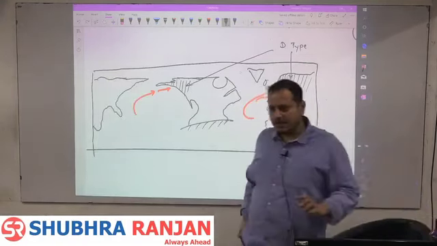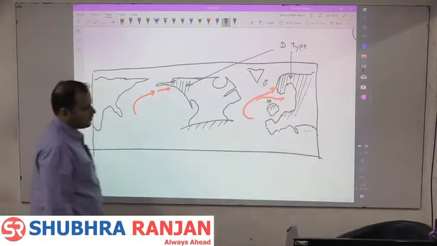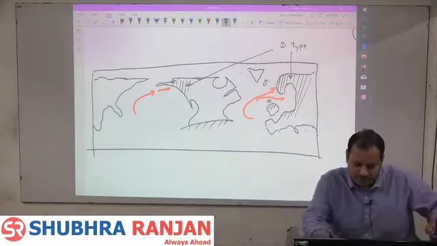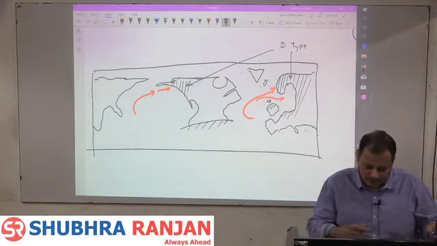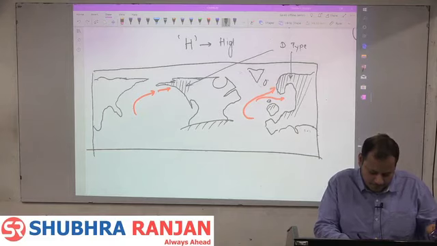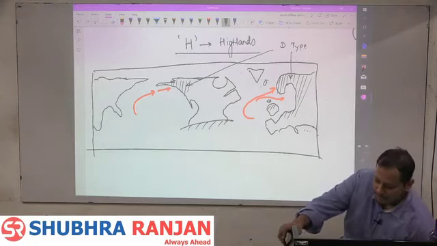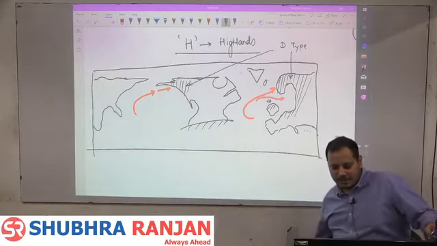Later on, Trewartha also added the H type of climate, to show the climatic conditions in the highlands or mountains.